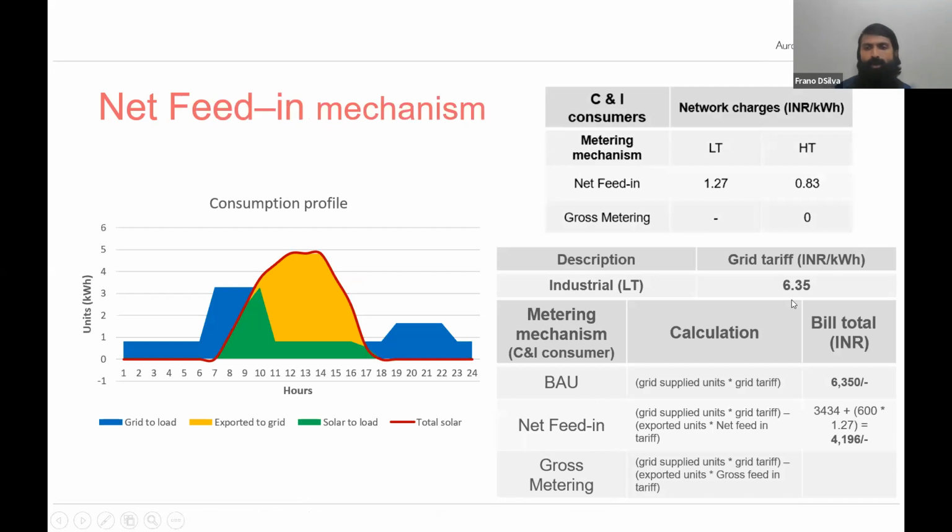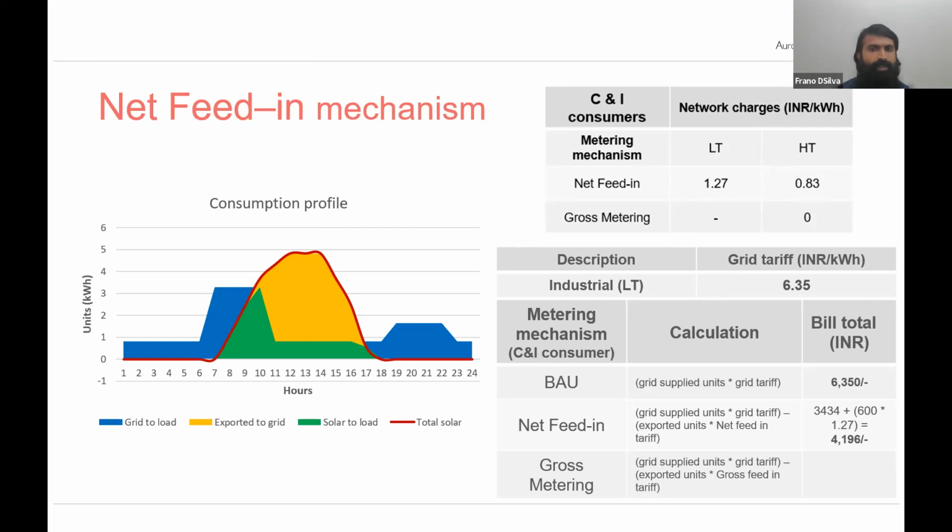So to include network charges in our accounting, as this is an industrial LT case, we take the network charge that is applicable for the net feed-in LT category, that is 1.27 rupees per kilowatt hour. And as we can see from the table, the network charge is added for the gross generation of solar energy.